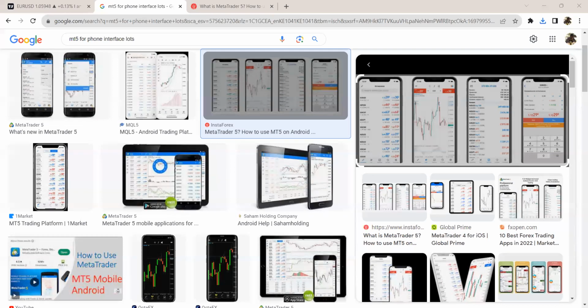On your MetaTrader interface, it looks something like this. The only thing that's important is this point here.